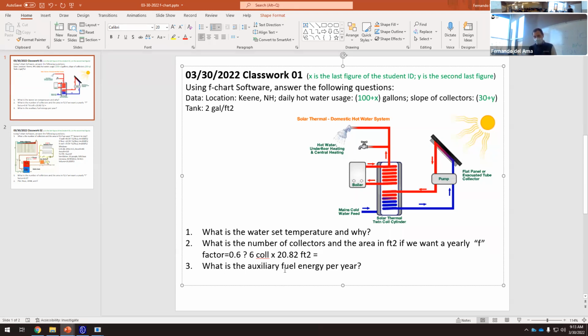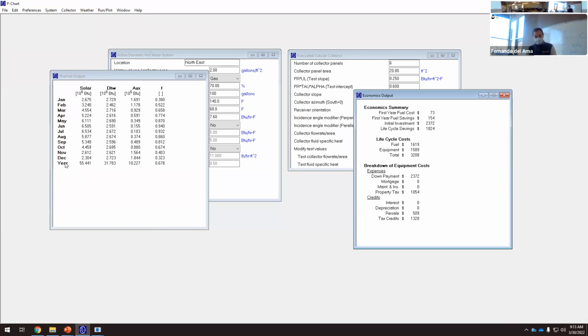And what's the auxiliary fuel energy per year? This is the yearly value, and this is the auxiliary energy. So we need 10.2.